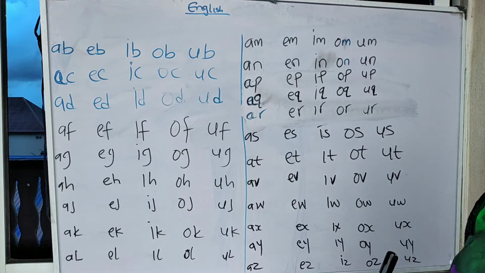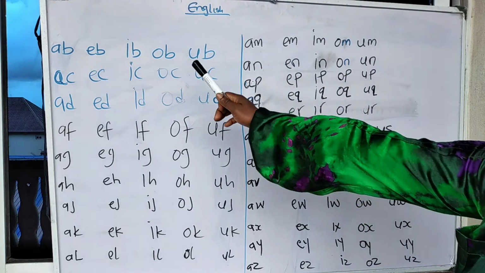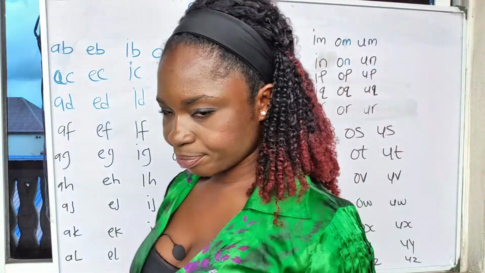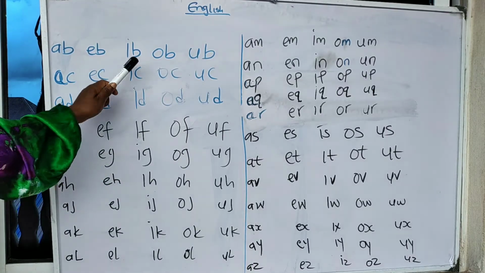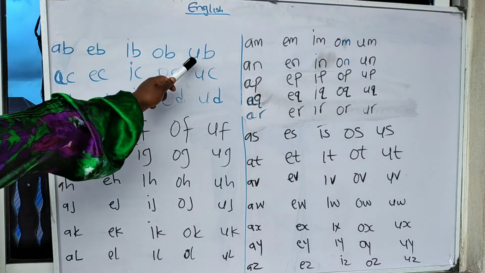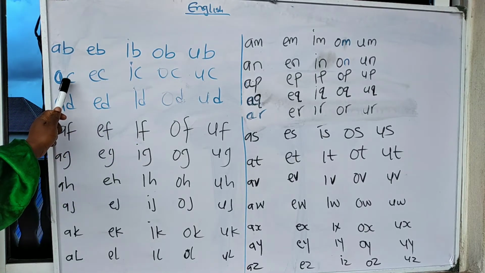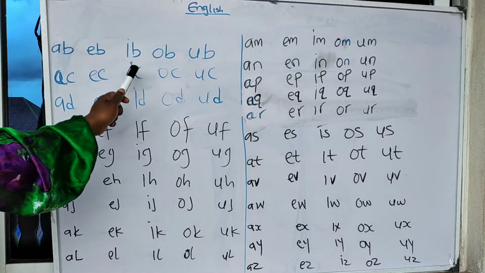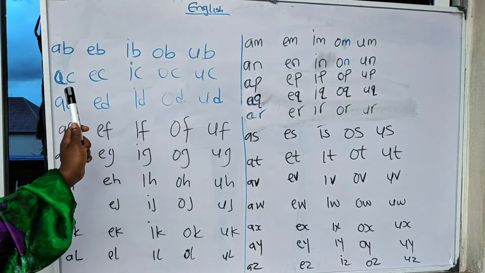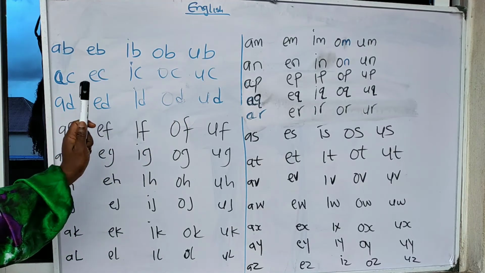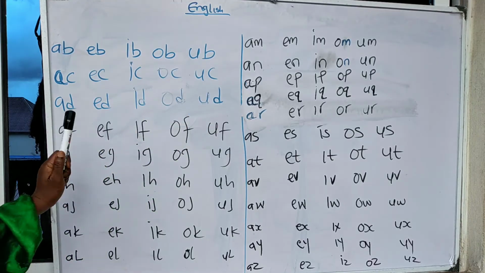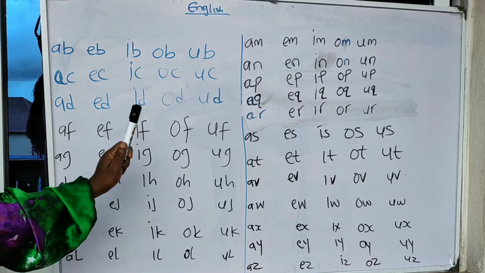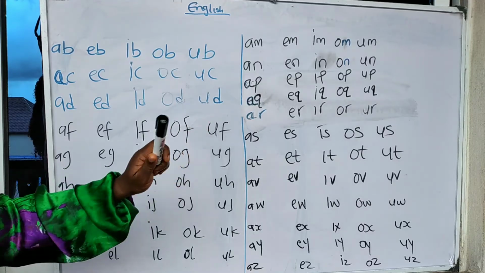Okay, so let's go over it again. From here, I go to this side. Ab, eb, ib, ob, ub. Ak, ek, ik, ok, uk. Ad, ed, id, od, ud. Af, ef, if, of, uf.